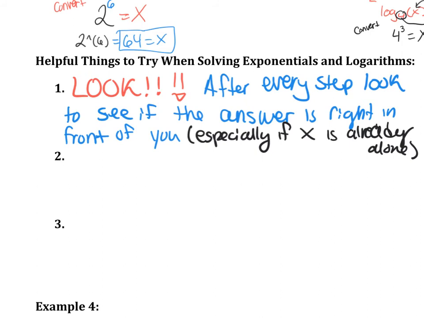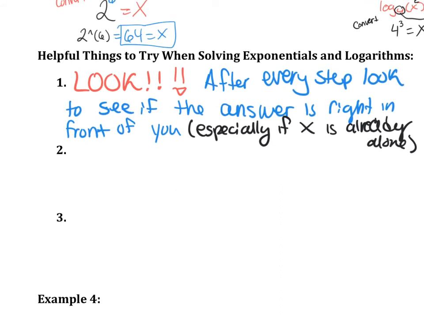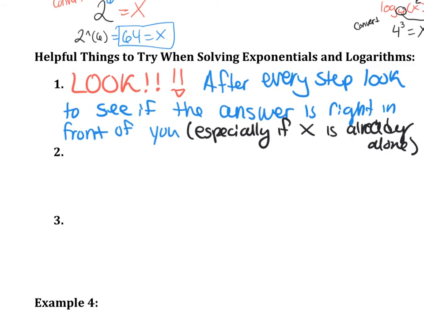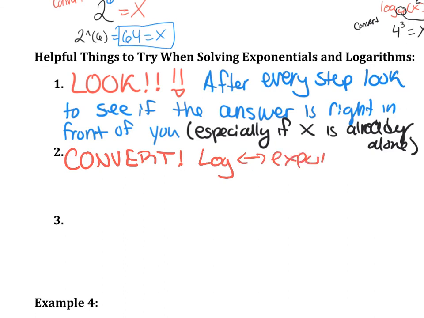If you're looking at it and you still can't see an answer, you still don't know what you should do, then the second thing you can try is converting, going in between log and exponential form. So you can go between log and exponential form.